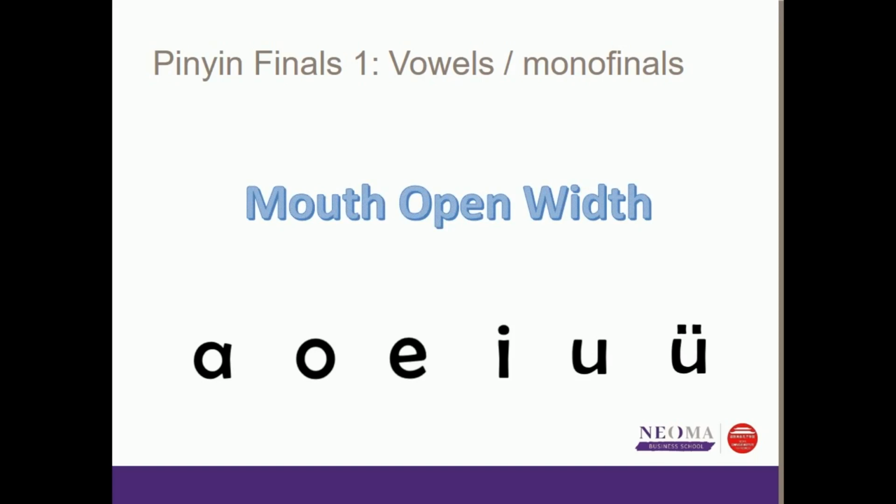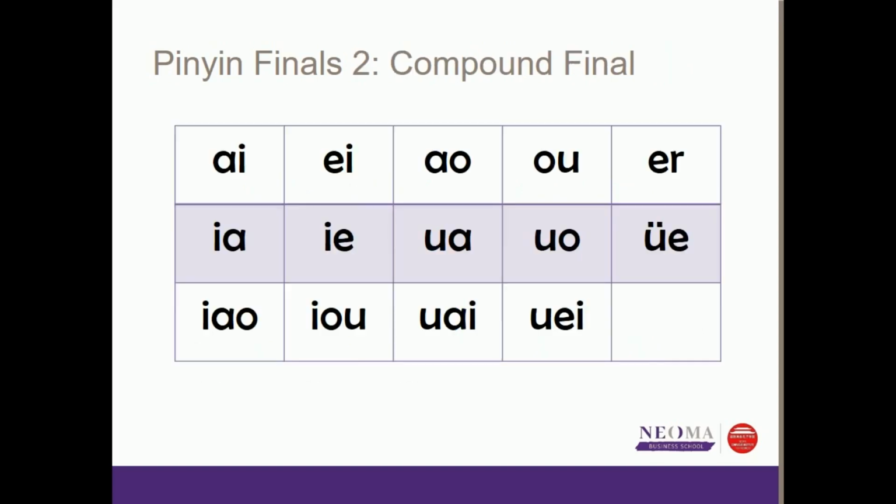So from a, your mouth is the widest, and then till ü, your mouth opening is the most narrow. So these are the orders of these 6 vowels. And why is this important? I'll keep a secret for now. Later I'll tell you.